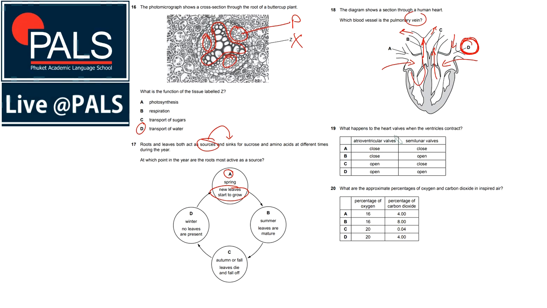What happens to the heart valves when the ventricles contract? So when the ventricles contract, and we still have the picture here, that means this space gets compressed and the blood inside is getting pressed together, it gets high pressure.